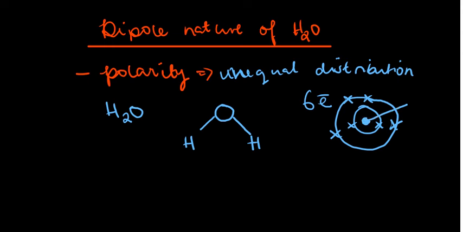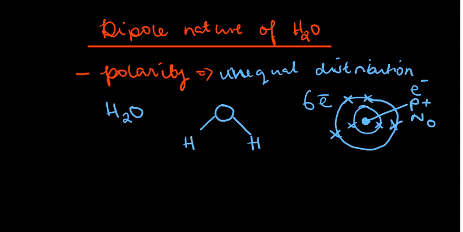In the nucleus we have protons and neutrons, and the electrons surrounding the nucleus are negatively charged. Protons are positively charged, and neutrons have no charge. The outermost shells have the electrons that are able to participate in a chemical reaction.